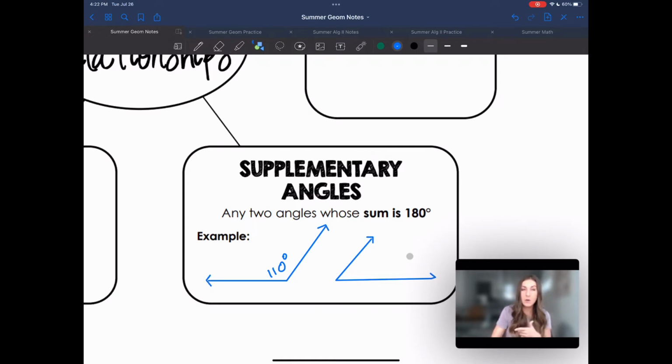Okay, so this angle would have to be, doing the math, 70 degrees, because I want them to be supplementary, which means they have to add to 180. I didn't draw this well. This shouldn't be leaning as much. It should really be running parallel to that, but you get the idea. These would add to 180, so they're supplementary angles.